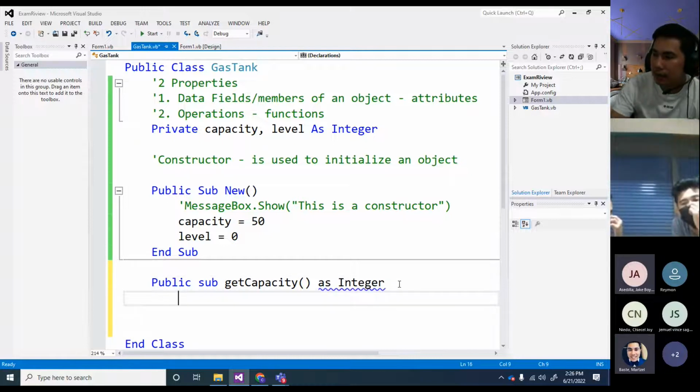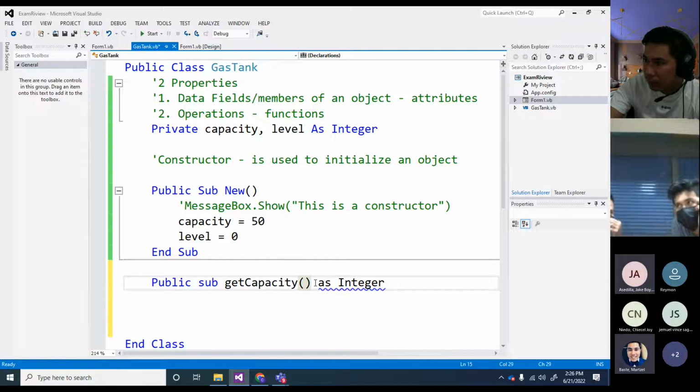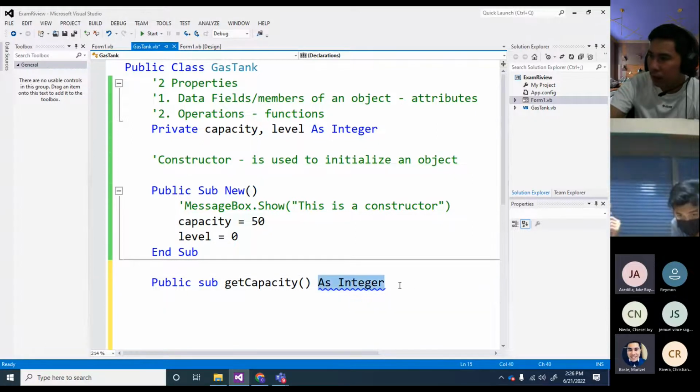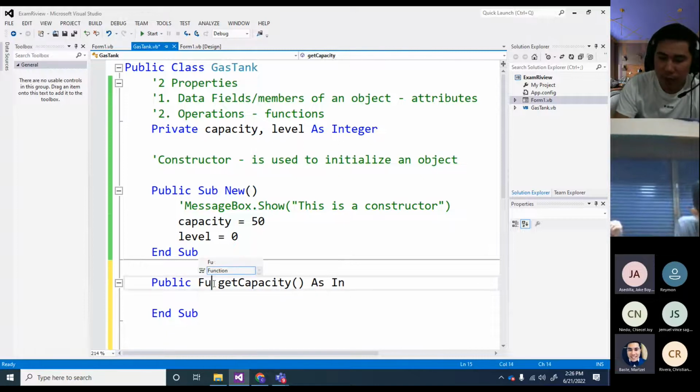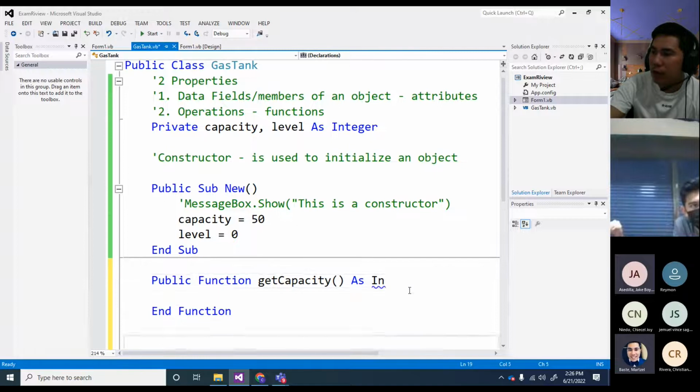Ayan. As integer. Right. No, it should be function. Sorry, because we are going to invoke a value returning method.